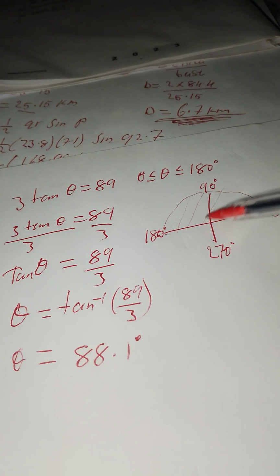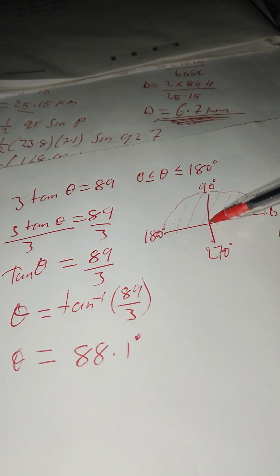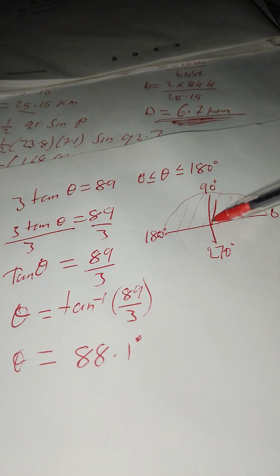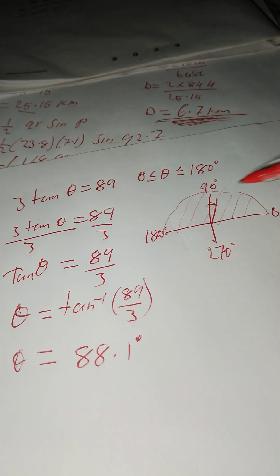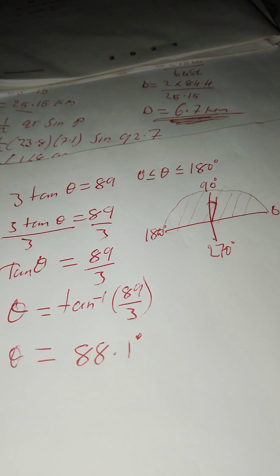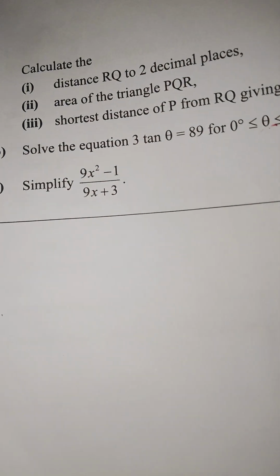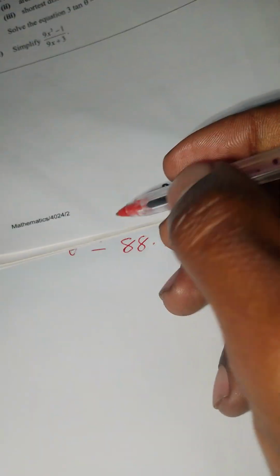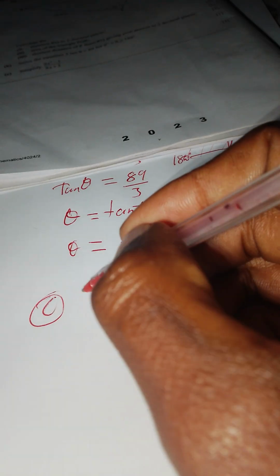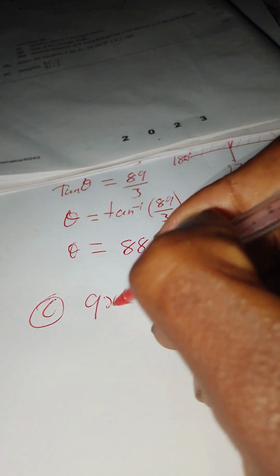Now, where is the 88.1? It is somewhere here. So our answer is correct because it falls in the right region. Then we go to the next question, which is simplifying. This is C, where we are told to simplify 9x squared.